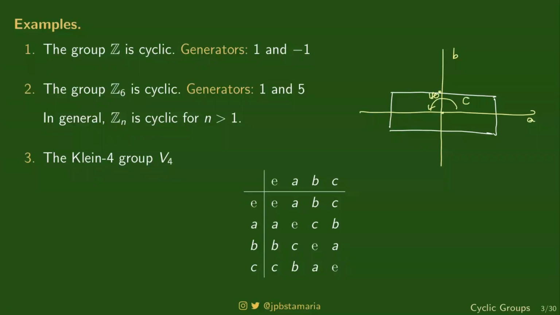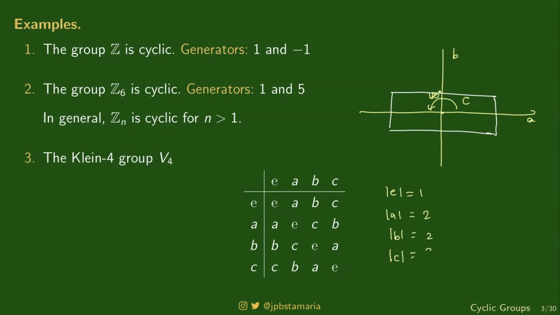Ang characteristic ng Klein-4 group, lahat sila self-inverse. Makikita nyo in the main diagonal, all identities are there. So meaning to say, every element has a square equal to E. So A, B, and C have order 2. Tingnan nyo, no? Anong order ni E? Siyempre 1 kasi identity siya. Ang order ni A, ang order ni B, at ang order ni C, pare-parehas 2.